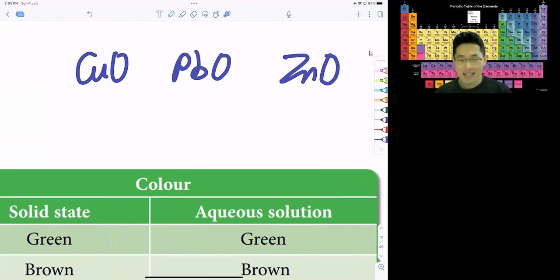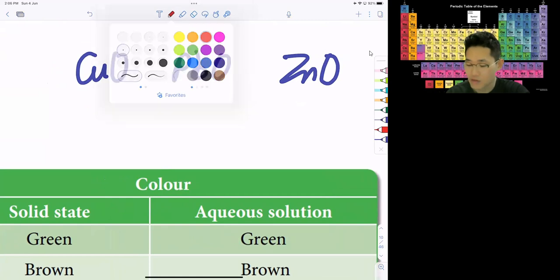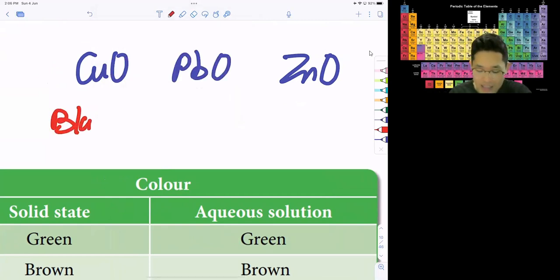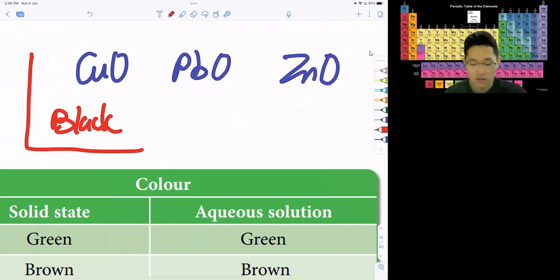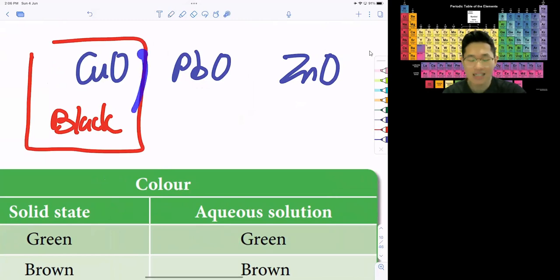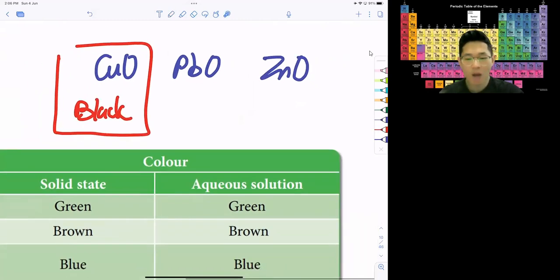The color for CuO is black. There's only one black substance in the salts, CuO. CuO is the darkest color, then the opposite side must be the lightest color. The lightest color is what? White.